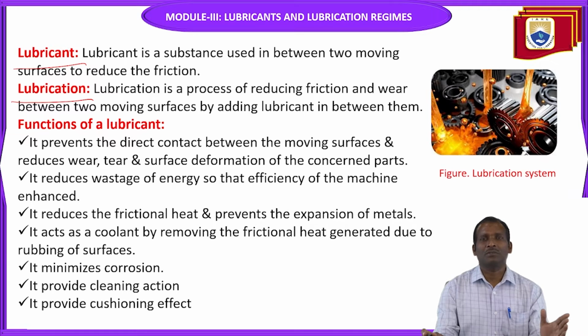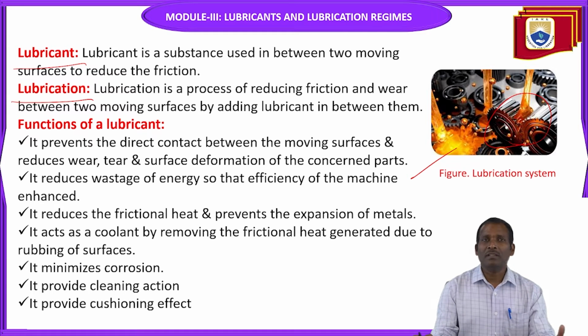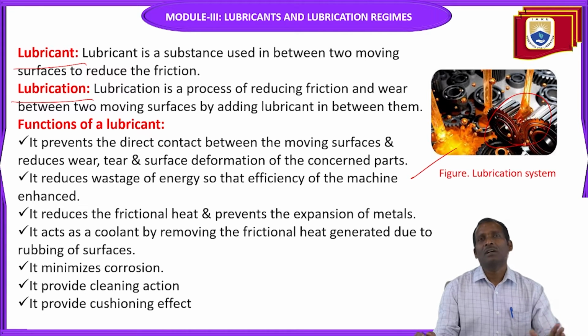Whenever you add the third substance, called the lubricant, in between two moving surfaces, as shown in this lubrication system figure with gear system elements, you can minimize the friction.